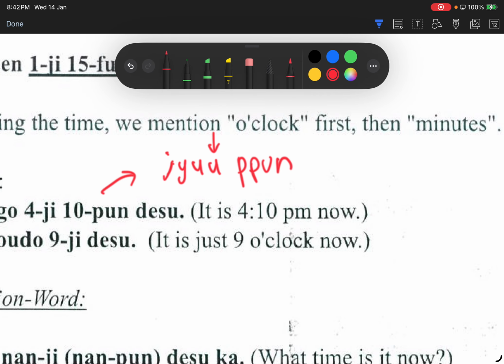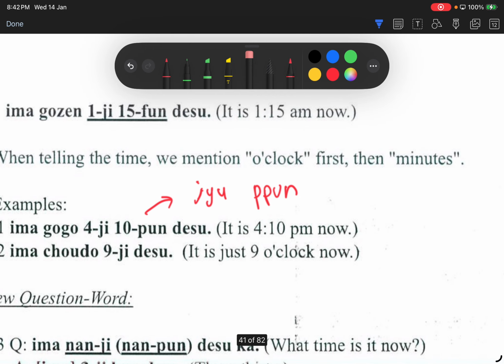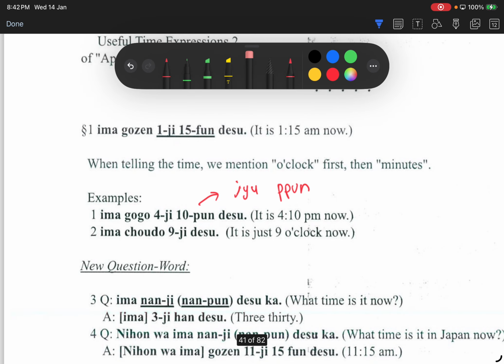It's not jupun with double U. I was trying to see who could point it out, but nobody told me, because you all never revised the appendix. So it's just one U, double P only, no two U. Jyuppun. Okay.